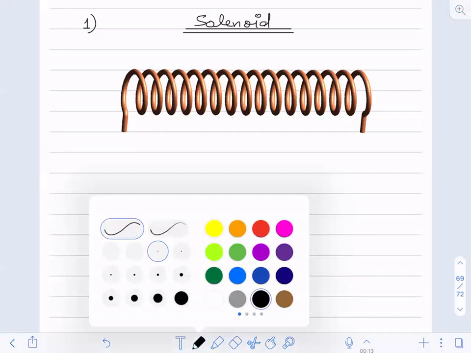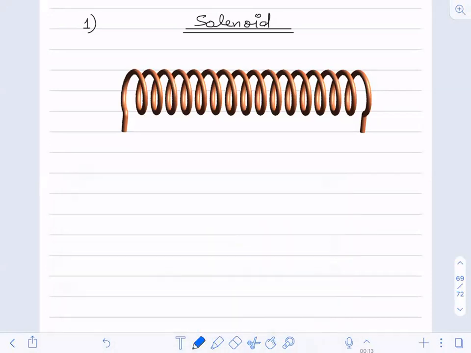Before applying Ampere's circuital law on the solenoid, let us study a few very important points about the solenoid.